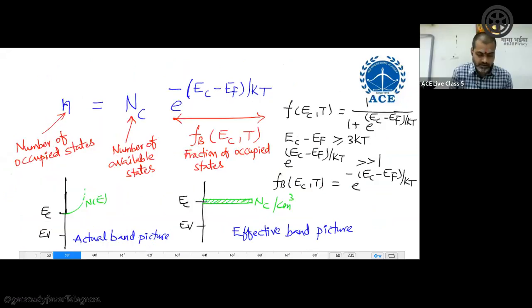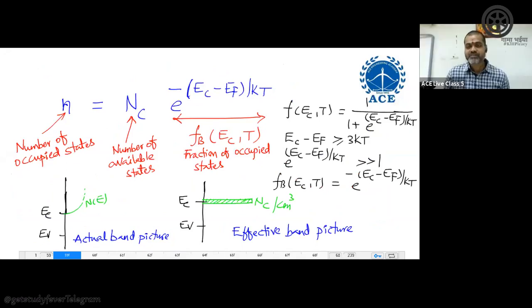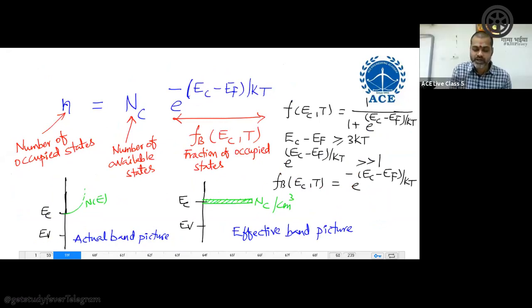Sir, how is EC minus EF greater than 3 kT? See what I said, the Fermi level is located, as we have taken, at the middle of the energy gap, no? EC is whatever we consider as the energy levels in the conduction band.